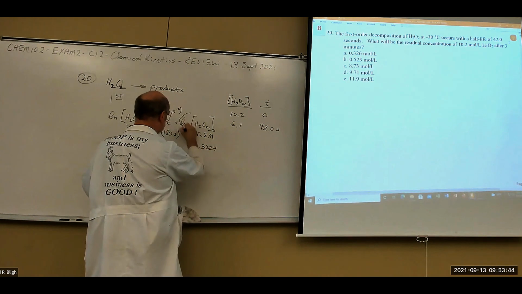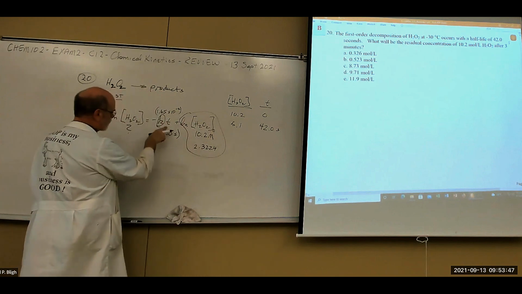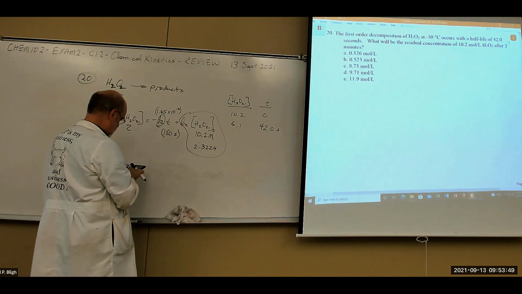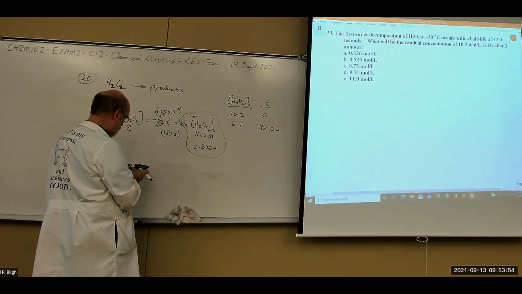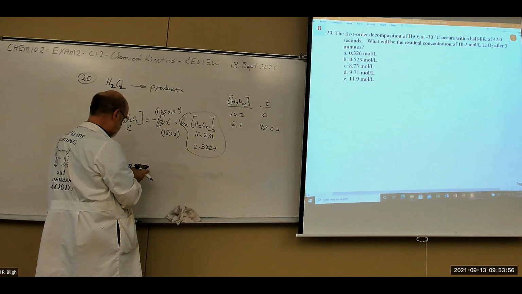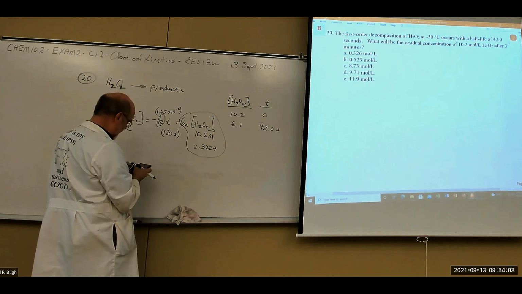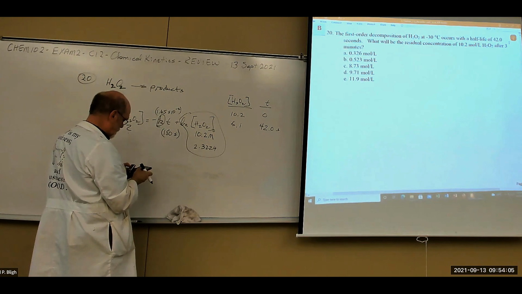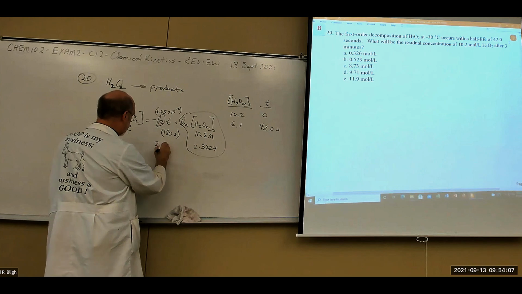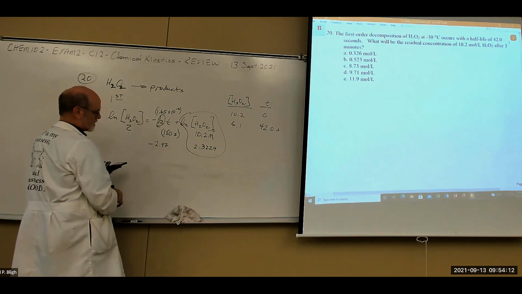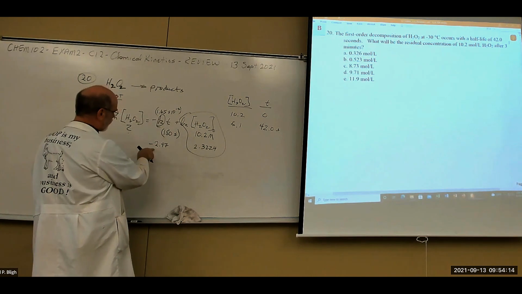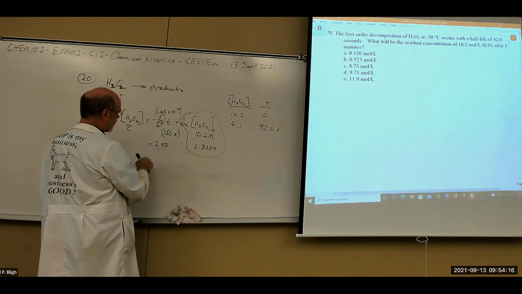This one is 180 times 1.65 times 10 to the minus 2, which is 2.97 here. That's a minus.